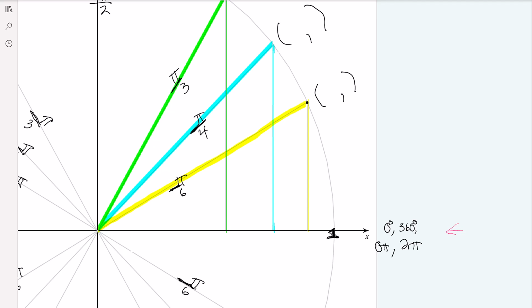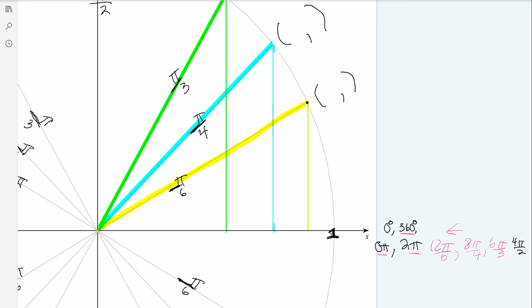This right here is at 0 degrees, and if you go all the way around, you're back to 360. Or if it's in radians, 0 pi, go all the way around. Well, 2 pi is the same as 12 pi over 6, as 8 pi over 4, and as 6 pi over 3, and 4 pi over 2.